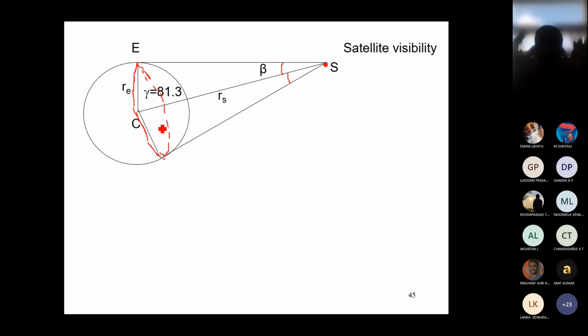These many portions on the surface of the earth will be under the coverage of the satellite, and the total angle will be 2 beta. So any base station lying within the solid angle of 2 beta will be under the coverage of the satellite.